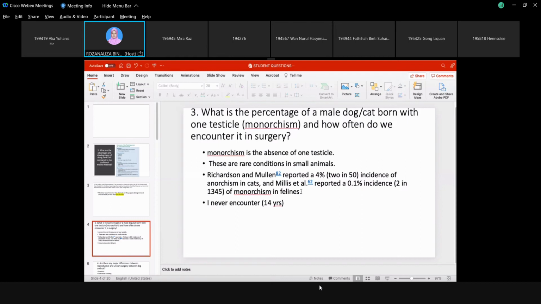So most of the time, we can see that it is more reported in felines. In years, I have never encountered a monorchism case. Probably vets outside encounter it, but not me at UVH. So it is very rare.